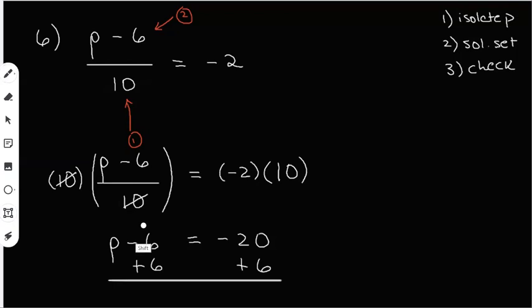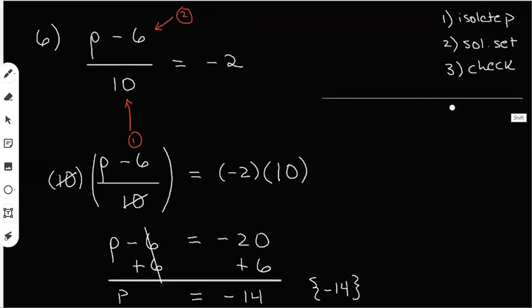Now the good news is that the -6 and the +6 will cancel out. So the only thing left on the left side is going to be the variable. The only thing left on the right side is going to be -20 plus 6. That's going to give me -14. So that's going to be the number inside of my solution set, -14.